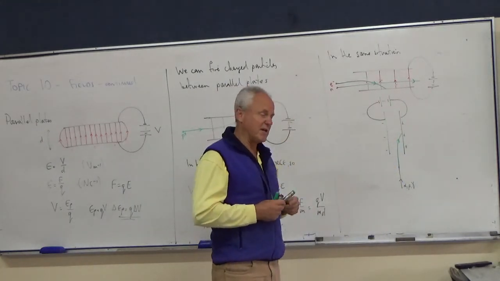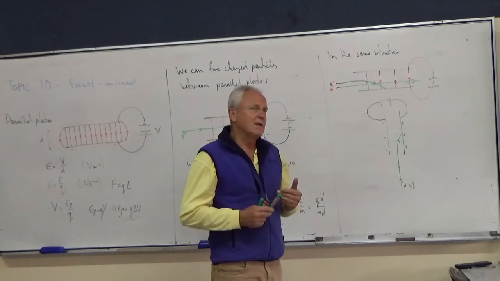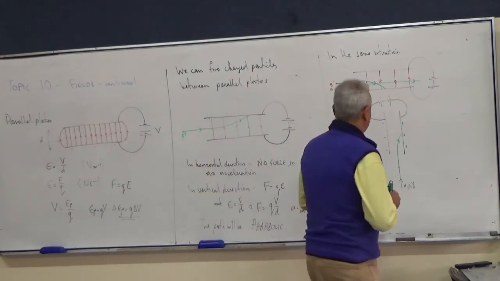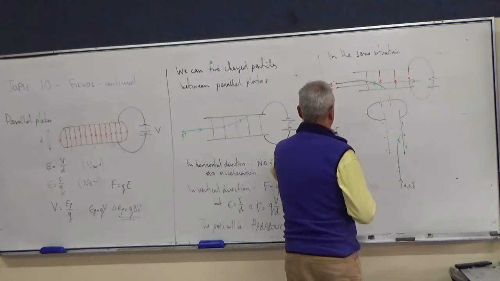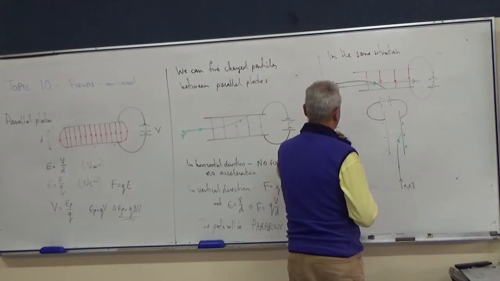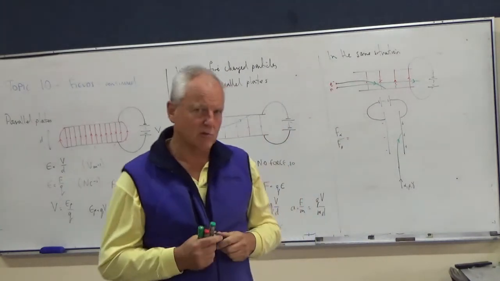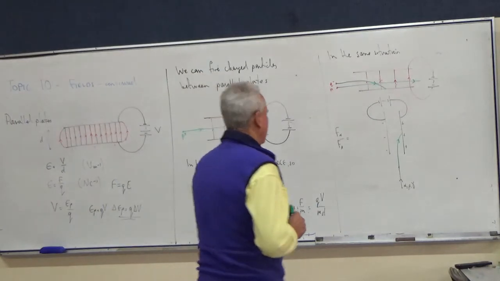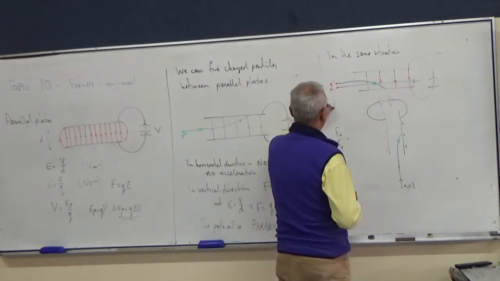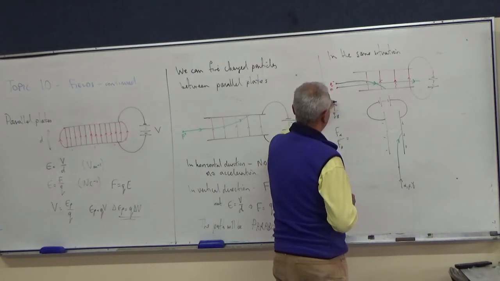Alpha is going to be bent, but let's have a think: force of alpha on force of beta. Which one will experience the greater force? We've got to take it back a step. Q alpha on Q beta.